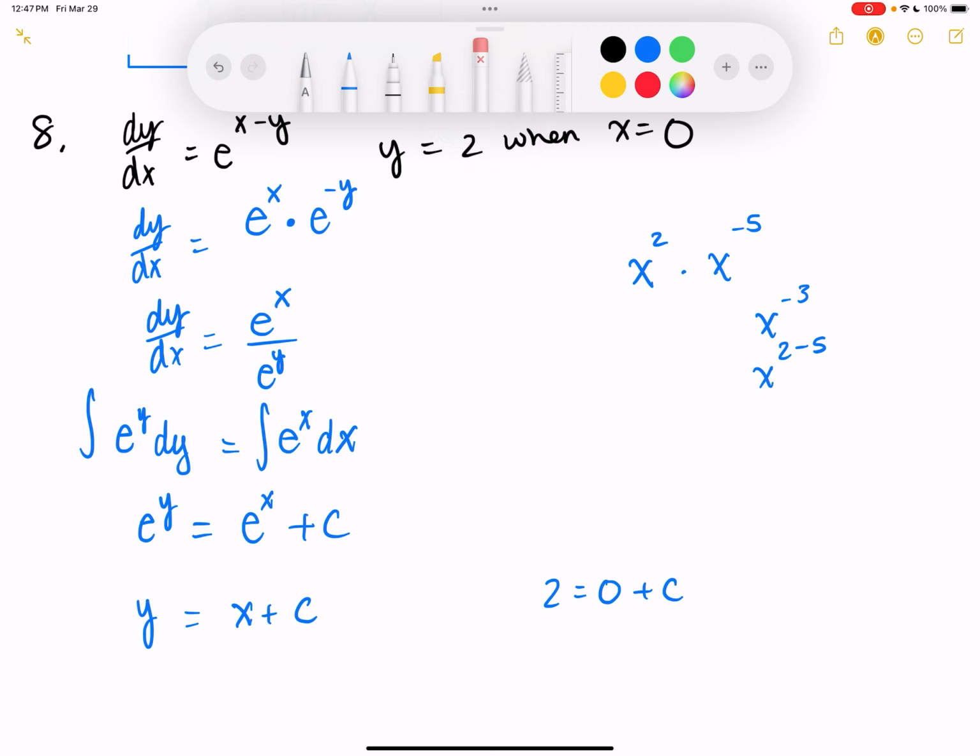Just disregard that part. Because the other way was the opposite, when we had ln and we undid it with an e. So this is different.